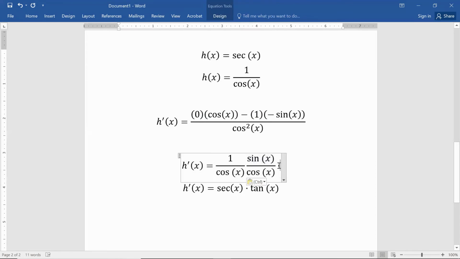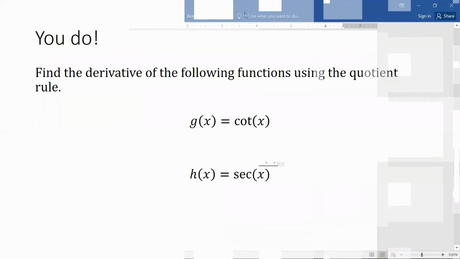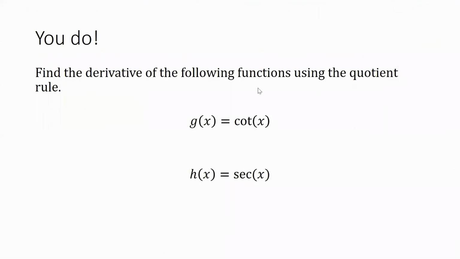So we're taking sine divided by cosine squared, which is secant times tangent. So if my function is secant, then the derivative is secant times tangent. There we go. Those are the derivatives of cotangent and secant.